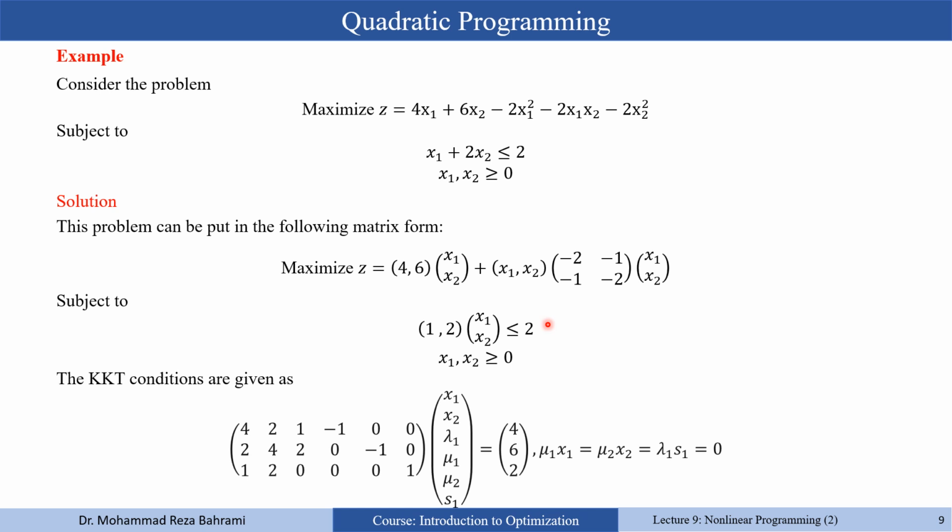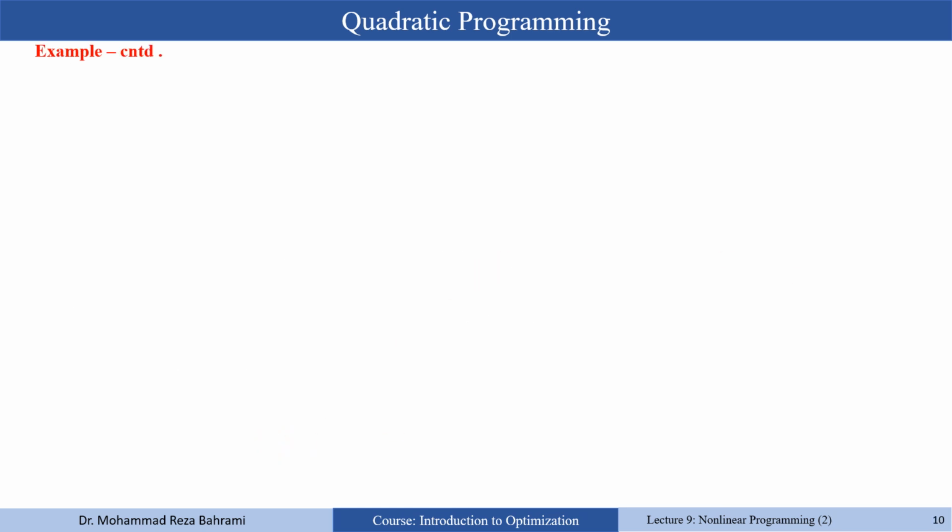I think there is a typo there, so this is the part that you should remember. We have 4 2 1, 2 4 1, and back to the previous slide.